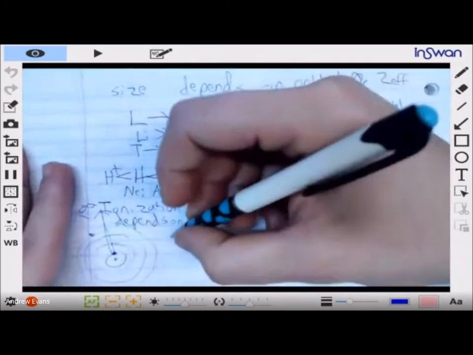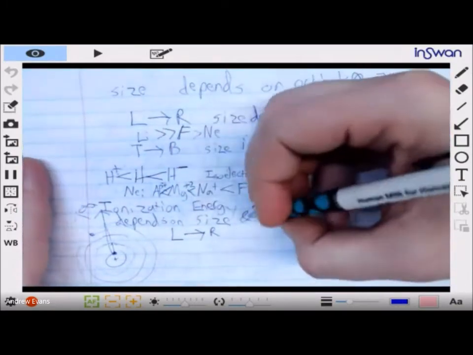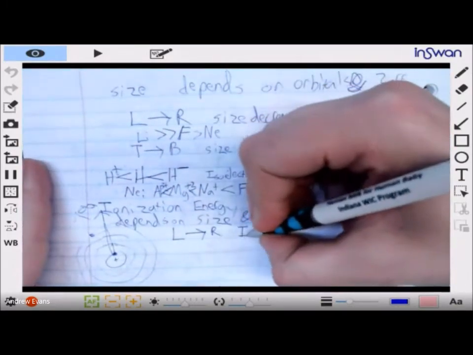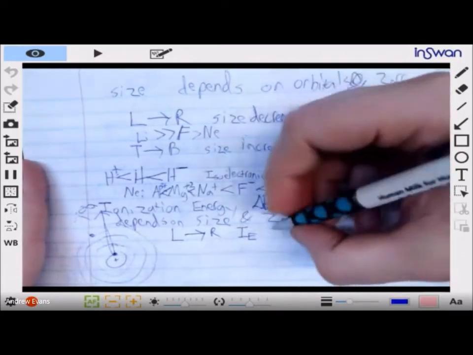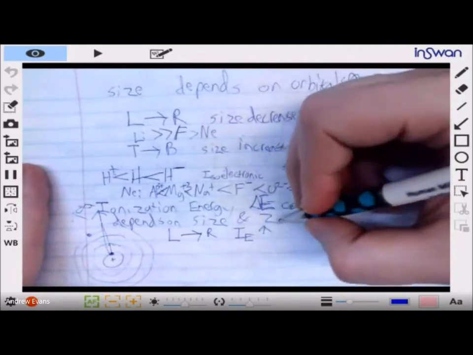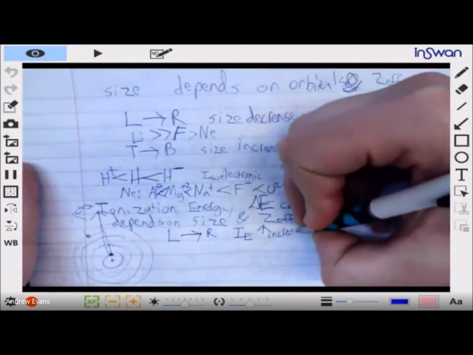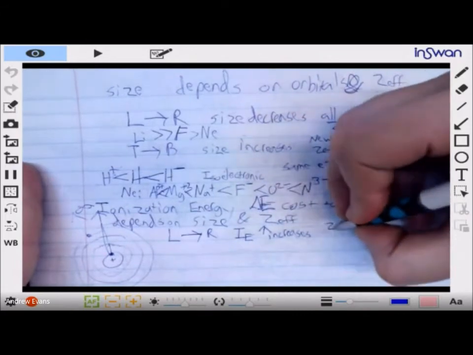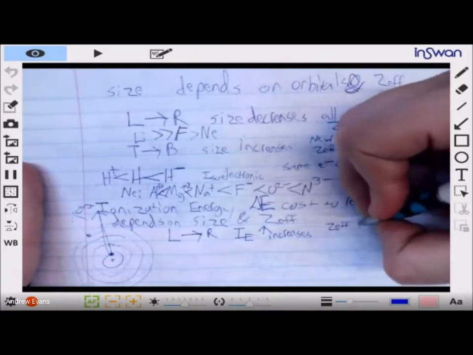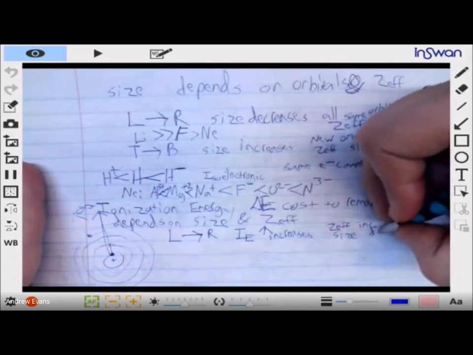So right here, moving left to right on the periodic table, the ionization energy will increase. That's because, remember, Z effective increases and size decreases.